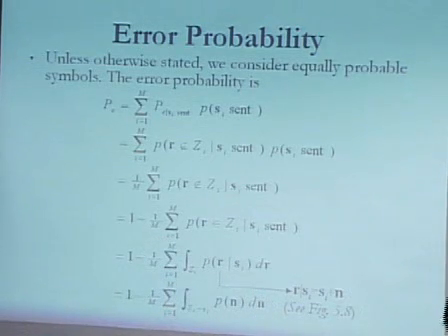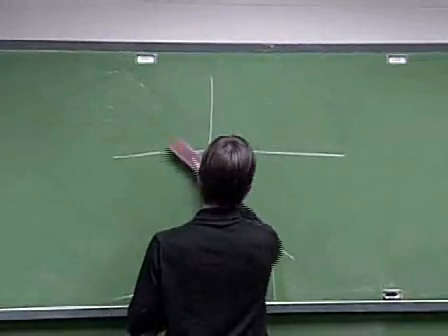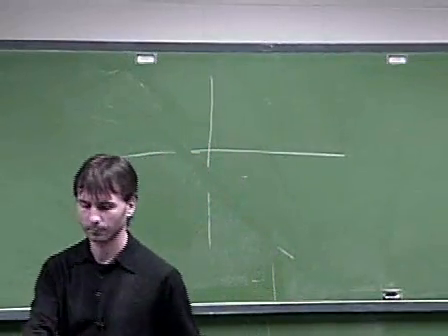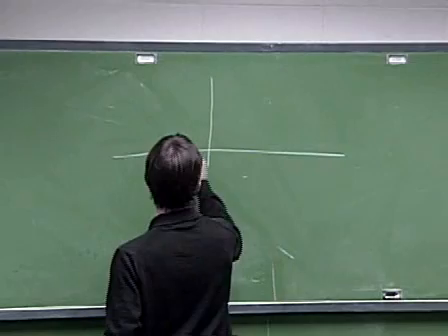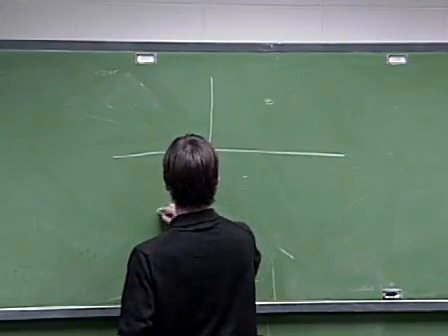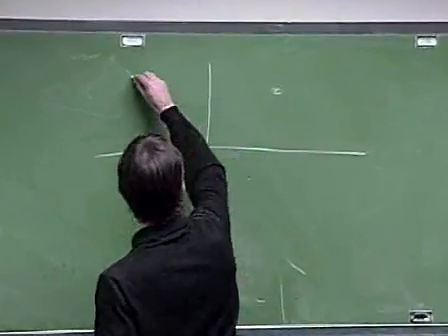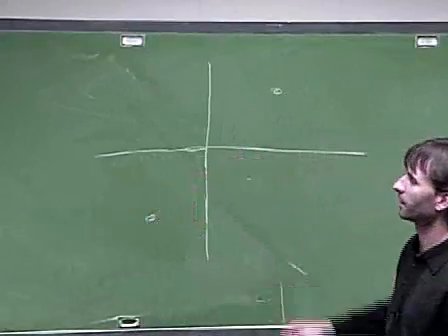So maybe we can try to demonstrate this graphically. So let's go back to the constellation with 2 points and equal probabilities.